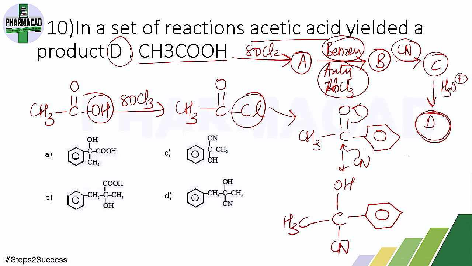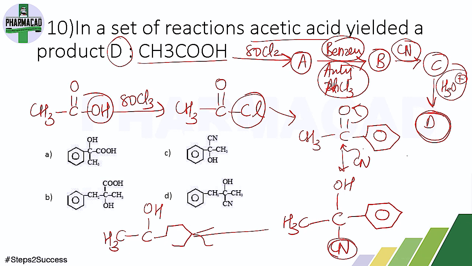And at the end, after H3O plus treatment, acid hydrolysis, this CN gets converted into COOH and we will get CH3 with OH, one phenyl ring, and here is COOH. So the correct option is carbon with CH3, OH, COOH. So the answer is option A.